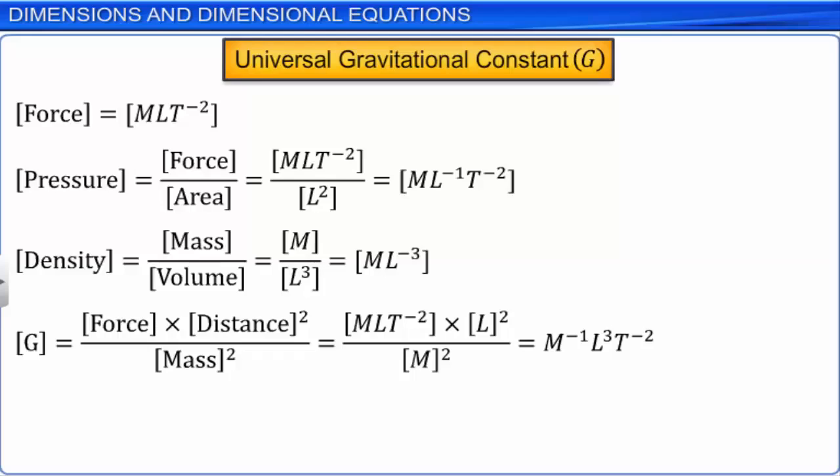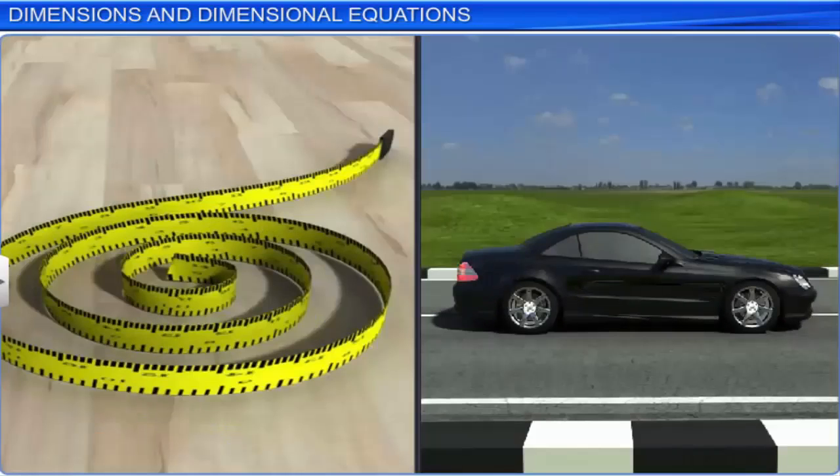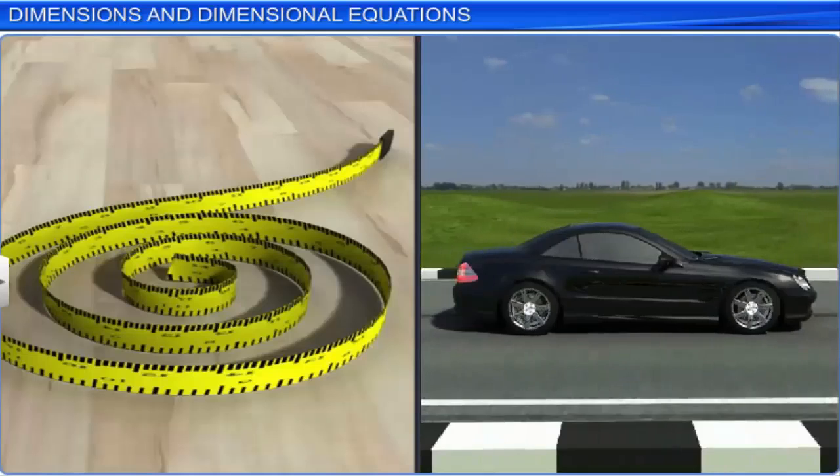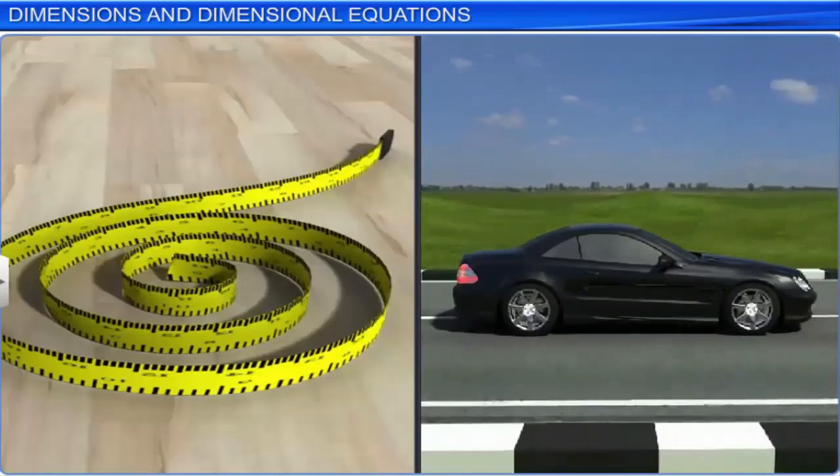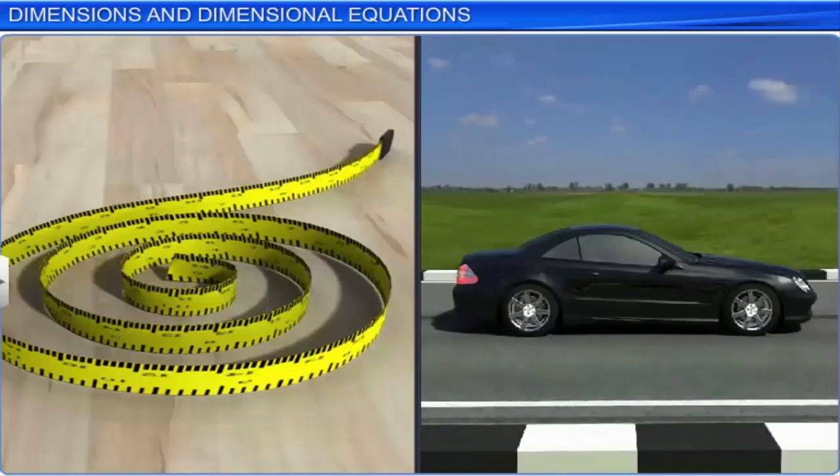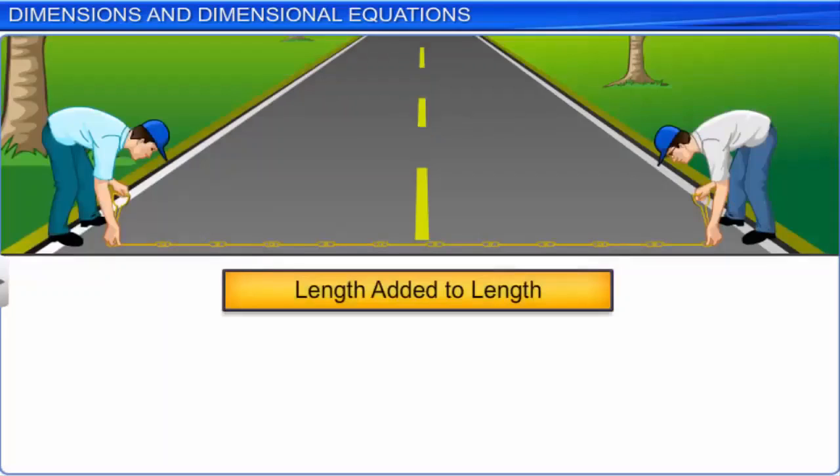But we may encounter situations where we need to add or subtract different terms involving base quantities. It is very important to know that when we write L plus L, as shown, we mean length added to length. So, we get length.